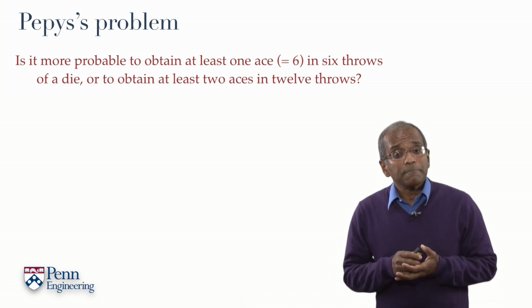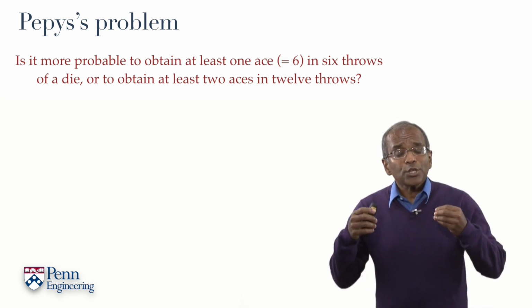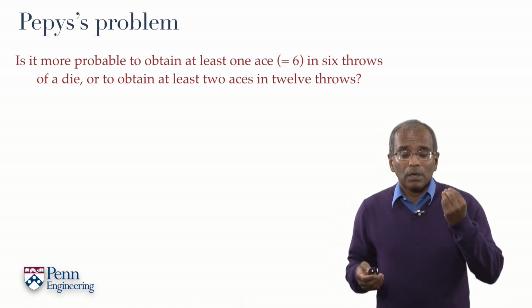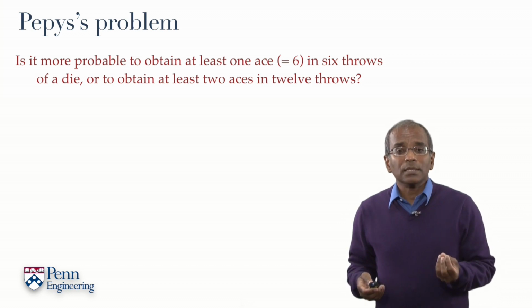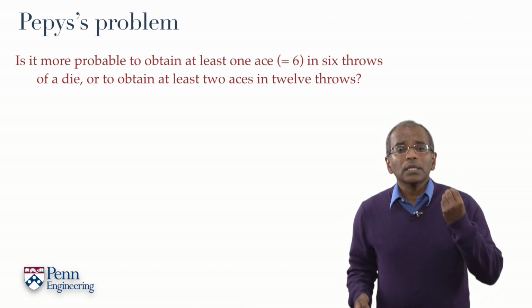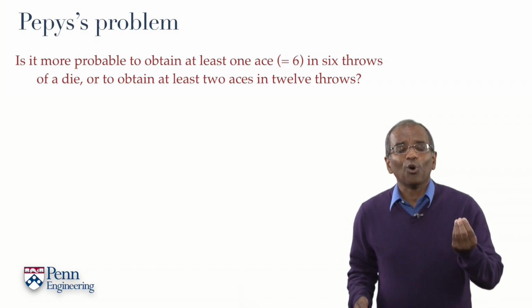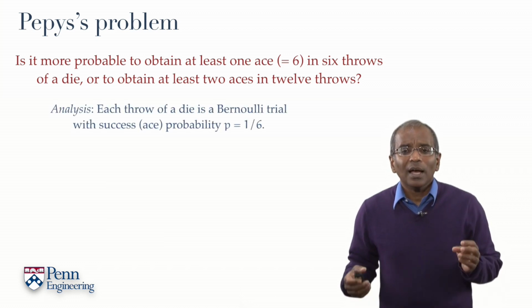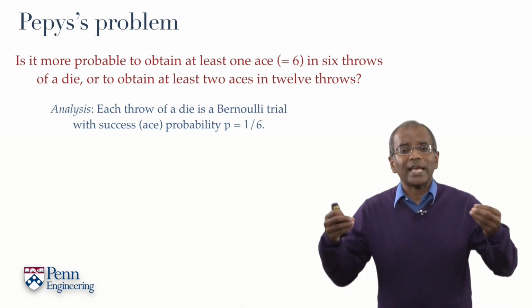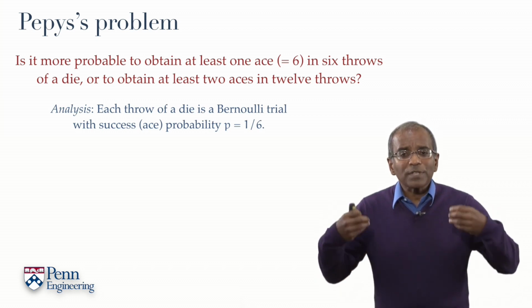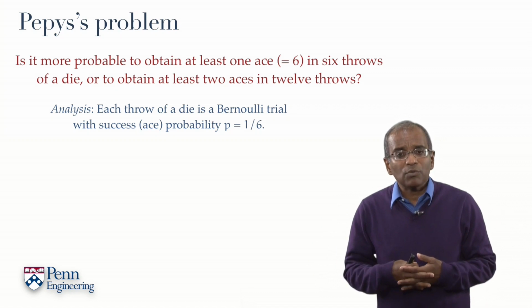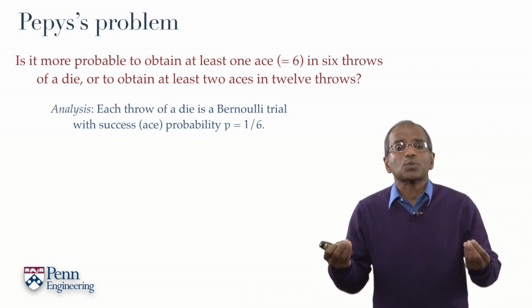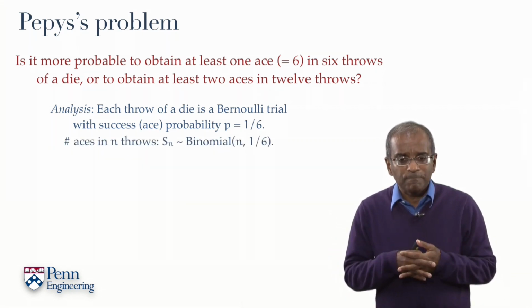Now that you're back, each throw of a die, from the point of view of getting an ace, corresponds to the toss of a metaphorical coin whose success probability is 1 in 6. And therefore, as far as getting aces is concerned, each of a succession of throws represents a Bernoulli trial with success probability 1 in 6.